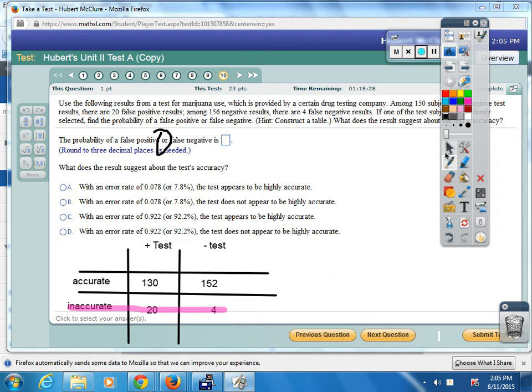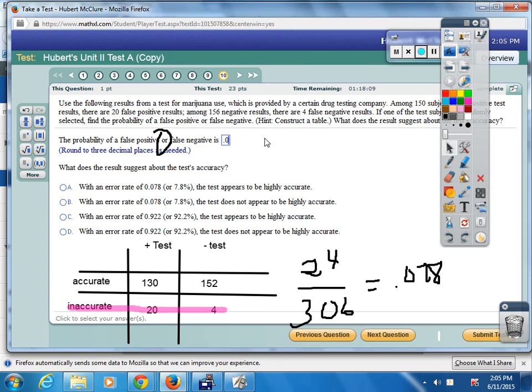Whatever it comes out to be. 24 over 306. And what does it come out to be? 0.078. And we put that in the 0.078.